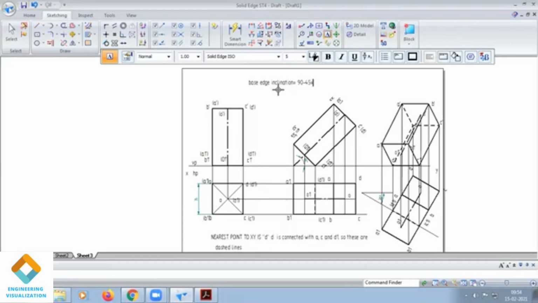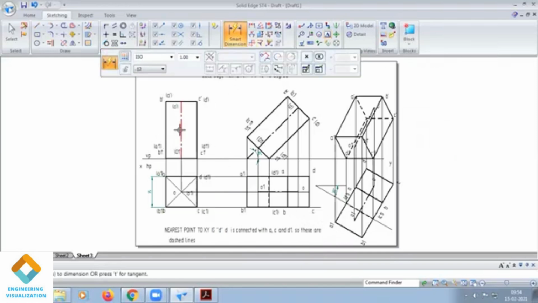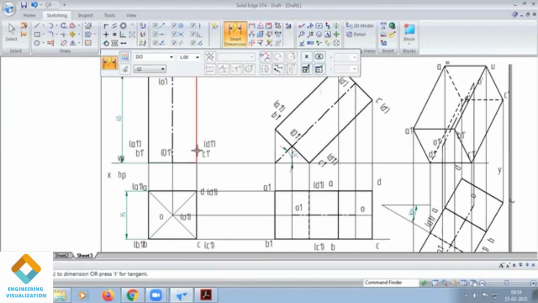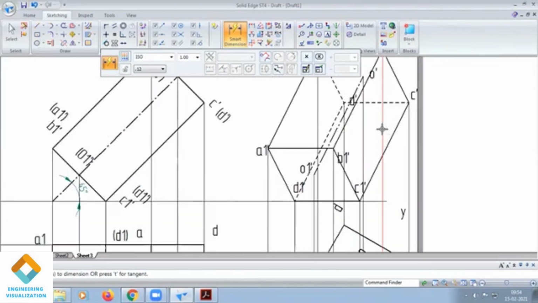So it equals 45 degree. So that's the base edge inclination in this second position front view. Okay, this is how we complete the problem. Is this clear?